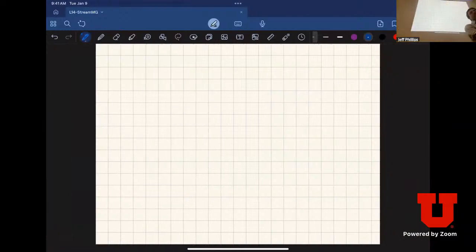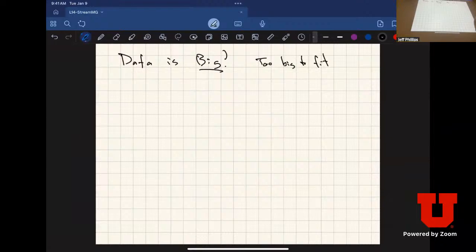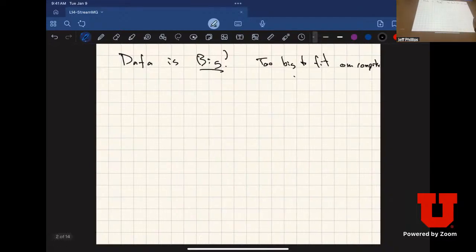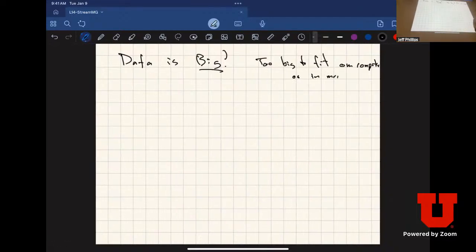So the theme of this section of the class is that your data is big. And by big I mean it's too big to fit in your computer, or just in memory.